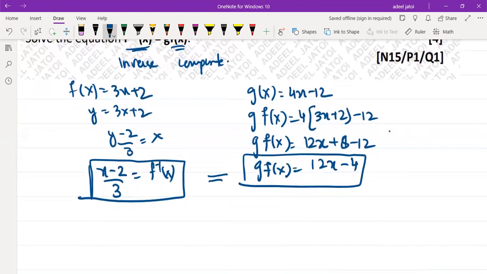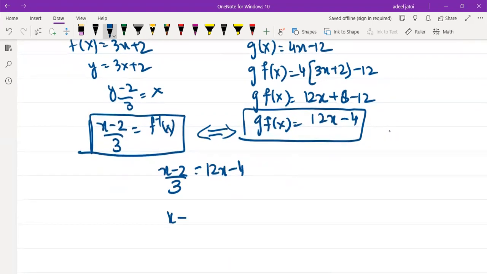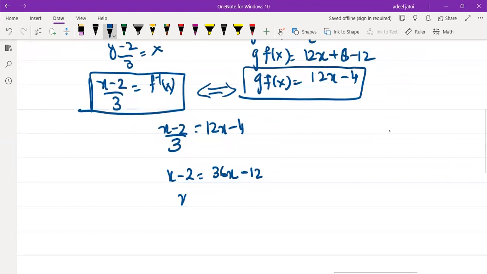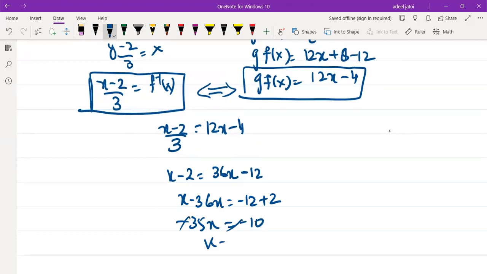And the question says equate these two. So this would be x minus 2 upon 3 equals 12x minus 4. So x minus 2 is equal to 36x minus 12, which means x minus 36x equals minus 12 plus 2, minus 35x equals minus 10, minus cancel, x is equal to 10 upon 35, x becomes 2 upon 7.